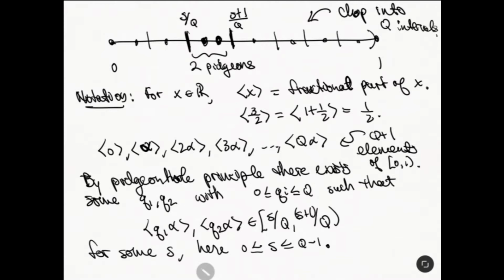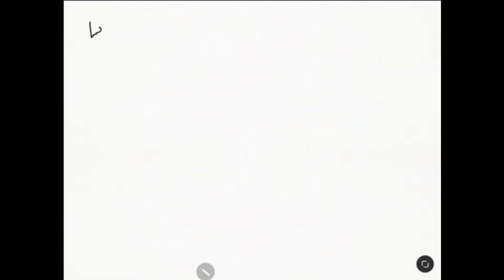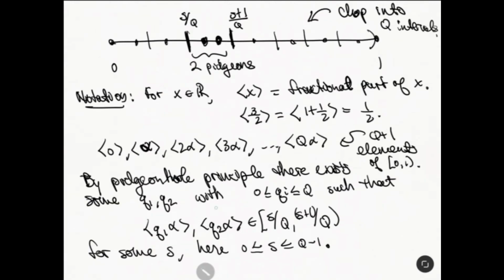Note that now that we have this, we let q be q1 minus q2. Then the fractional parts of q1 alpha and q2 alpha differ by less than 1 over q, up to some integer.